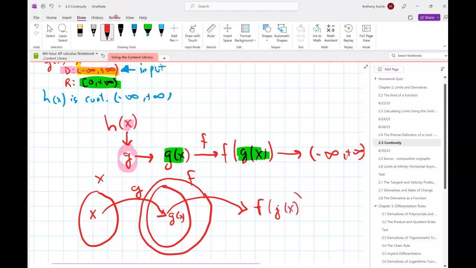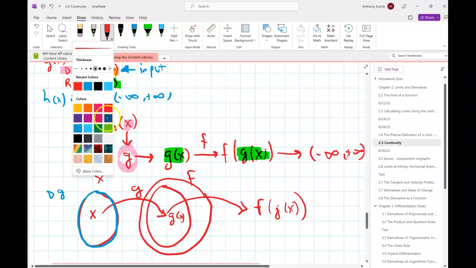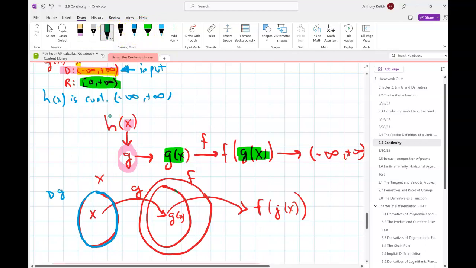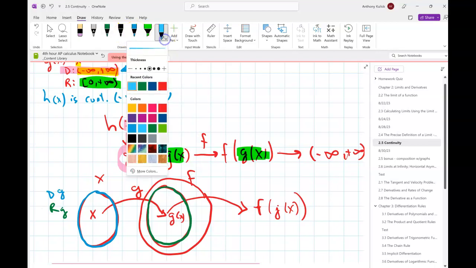Yeah, this is good. All right. So this guy is the domain for g. Let's do this one. This guy is the range for g. Right? And let's do like purple.